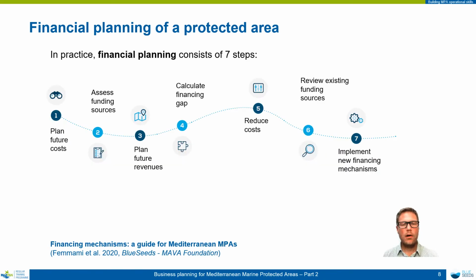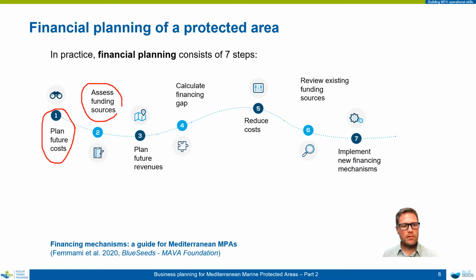So what does long-term financial planning for a protected area look like? Well, it looks like this figure. This figure was taken from the Guide on Financing Mechanisms for Mediterranean MPAs, currently under publication by BlueSeeds and the Mava Foundation. And the first step here is to plan the future costs of your MPA, which are needed to reach the conservation objectives in the management plan.